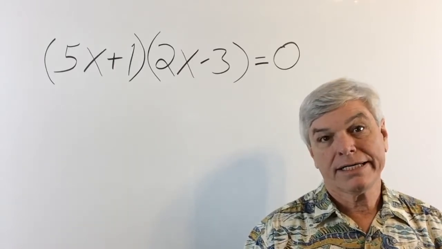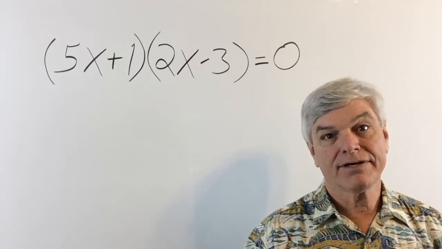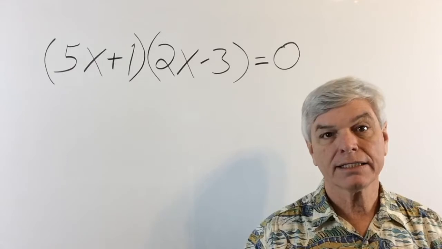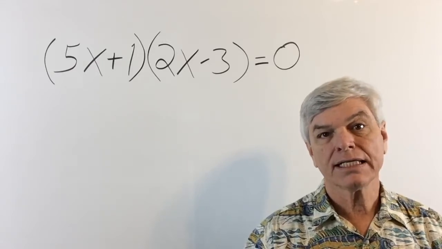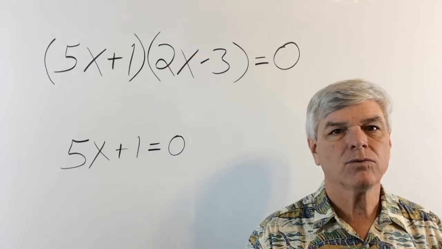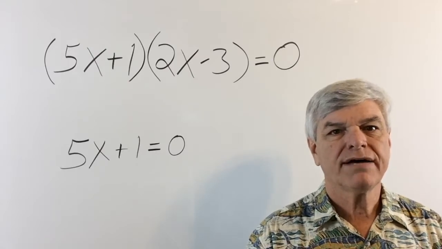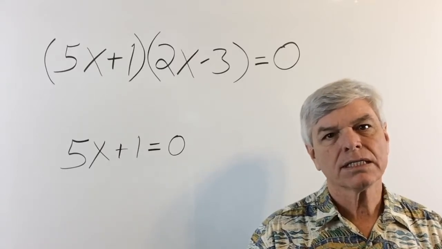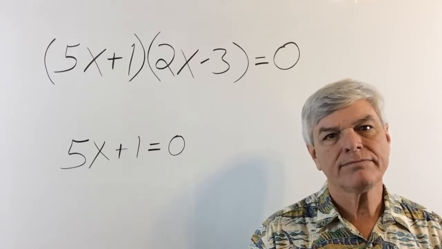So again, if you can look at that and figure out the answer, great. But if you can't, this is how you do that. Let's take down the first parentheses and make it equal 0. So 5x plus 1, well, we've done this before. Let's eliminate that one.